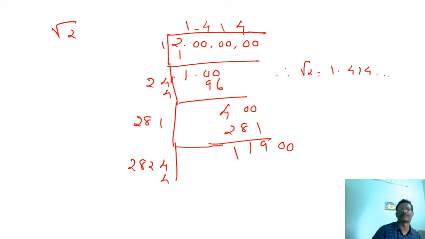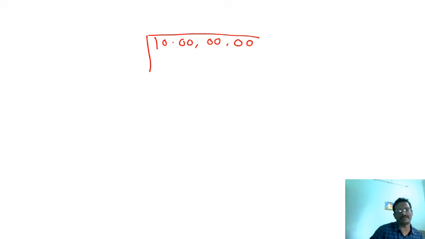1.414 etc. Now I will explain how to find root 10 also like that. 10 0 0 0 like that. In 10, what is the perfect square? 9, so 3 into 3 is 9, balance 1, 1.00.